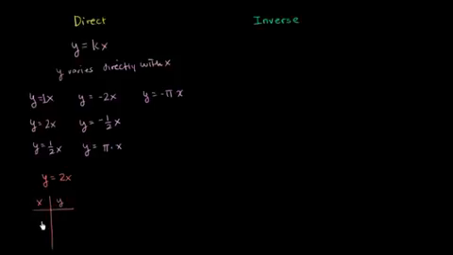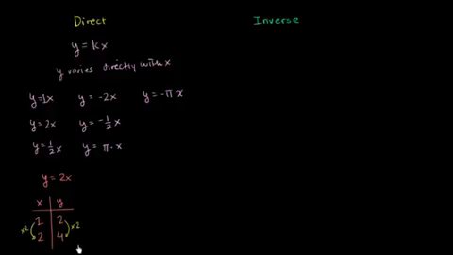If x is equal to 1, then y is 2 times 1, or 2. If x is equal to 2, then y is 2 times 2, which is equal to 4. So when we doubled x, when we went from 1 to 2, the same thing happened to y. We doubled y.